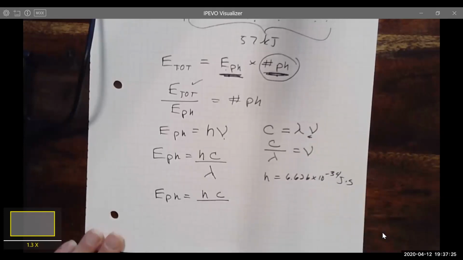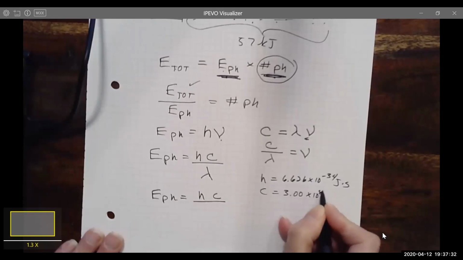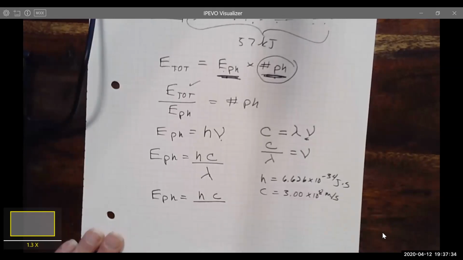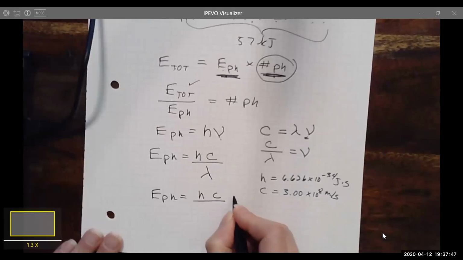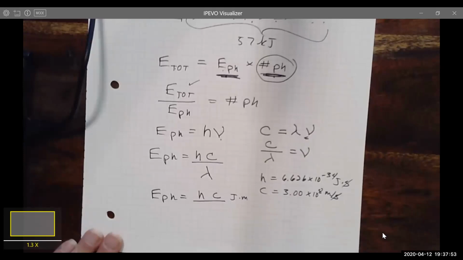You don't have to memorize these, they would be given to you. c is equal to 3.00 times 10 to the 8th meters per second. And so when I multiply those 2 together, when I take h times c, those seconds will cancel out. And so on the top, once those seconds cancel out, I'll be left with the units of joules times meters on the top. Because see, this seconds will cancel out that one, okay?